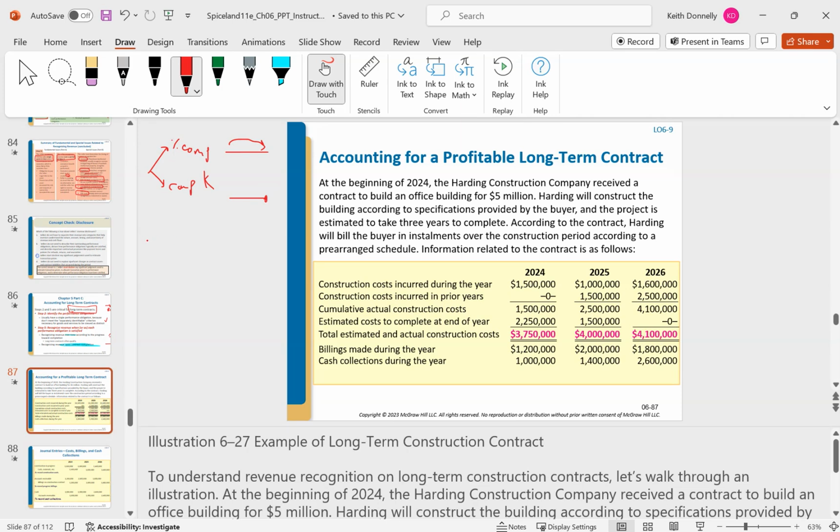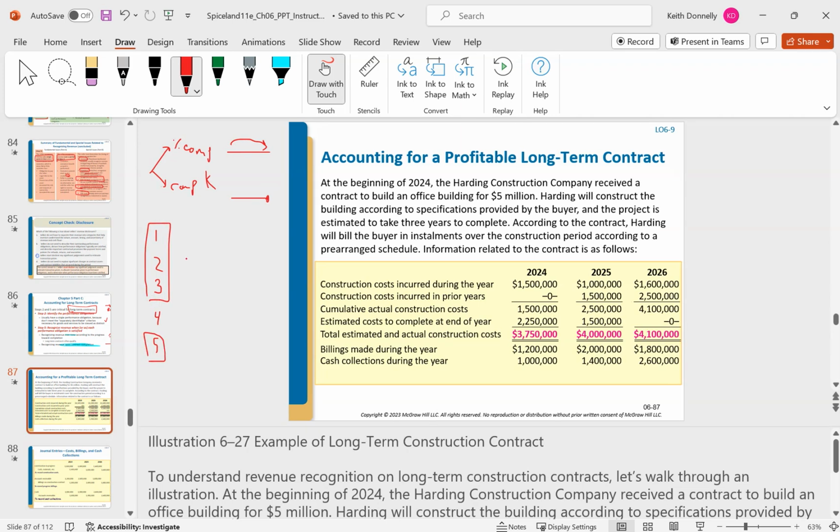In this way, we're going to have 5 journal entries: 1, 2, 3, 4, 5. Entries 1, 2, 3, and 5 are going to be the same between them.